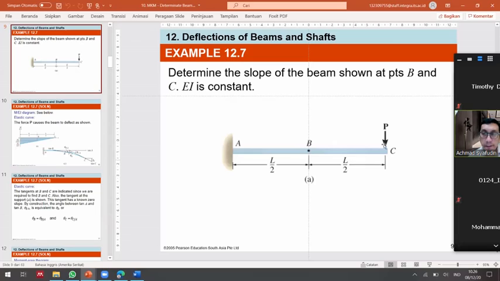The question is the slope at points B and C.